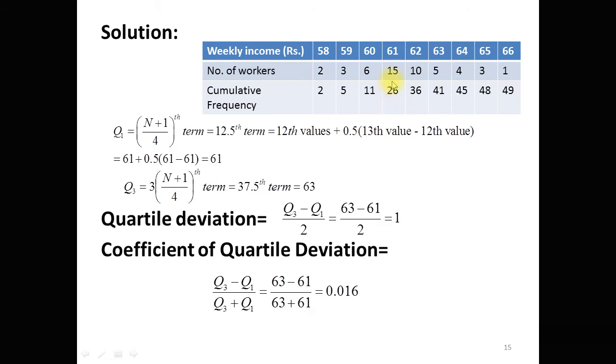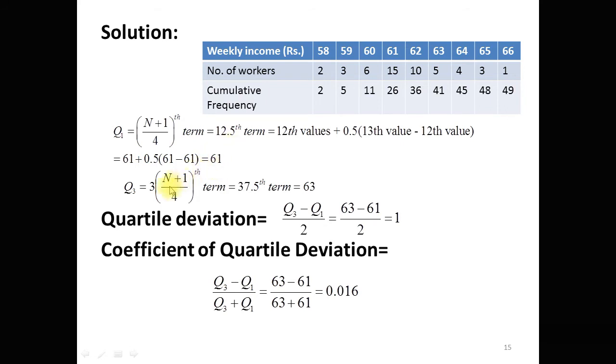So from position number 12 to position number 26 we have 61. At position number 12 the value is 61, and similarly the 13th value is also 61. So 61 minus 61 is 0. So the first quartile is 61.